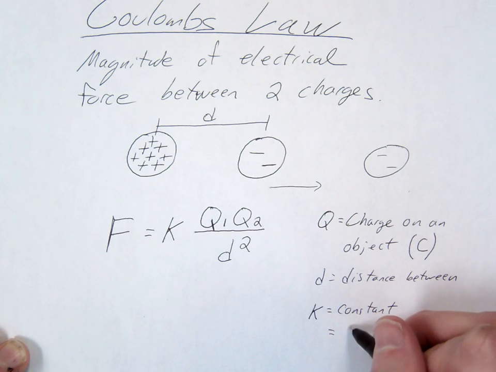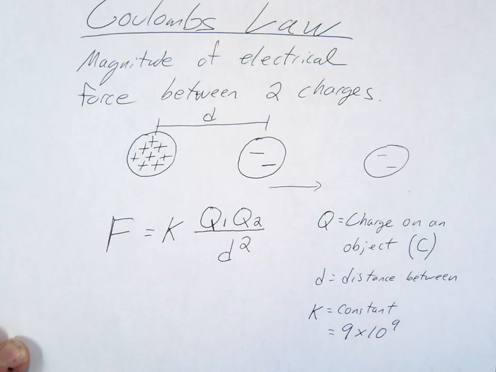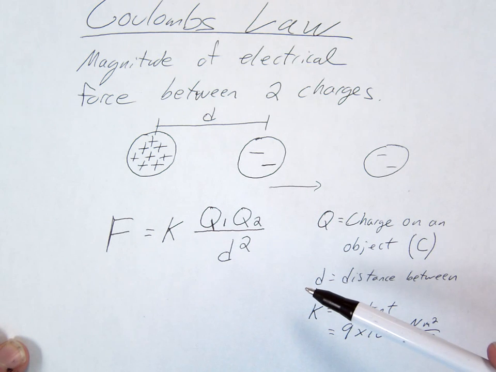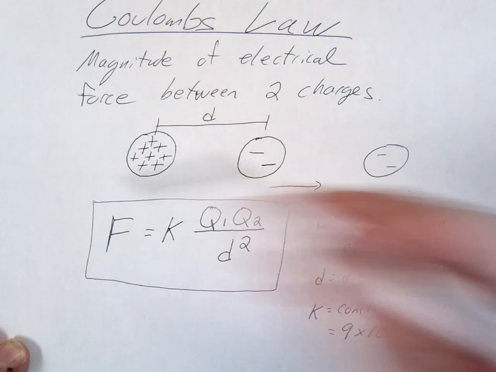This is an easy number to remember, 9 times 10 to the 9th. The units, well, the purpose is to get to a Newton for the unit, so this would be newton meters squared per coulomb squared. This should look familiar. What does this remind you of? The gravity equation. Yeah, identical really to the gravity equation, at least in how it looks.